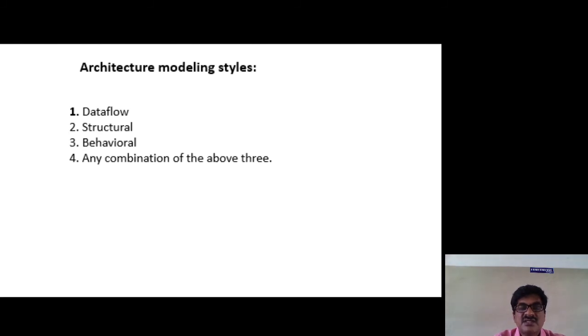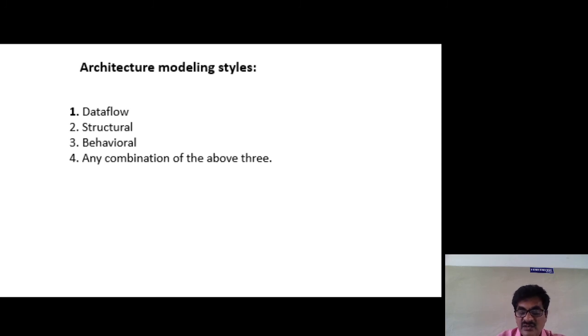In the language, you usually have four different models: data flow model, behavioral model, structural model, and a combination of these three. So you can write the program in data flow style, behavioral style, structural style, or using more than one style. That is called mixed style.